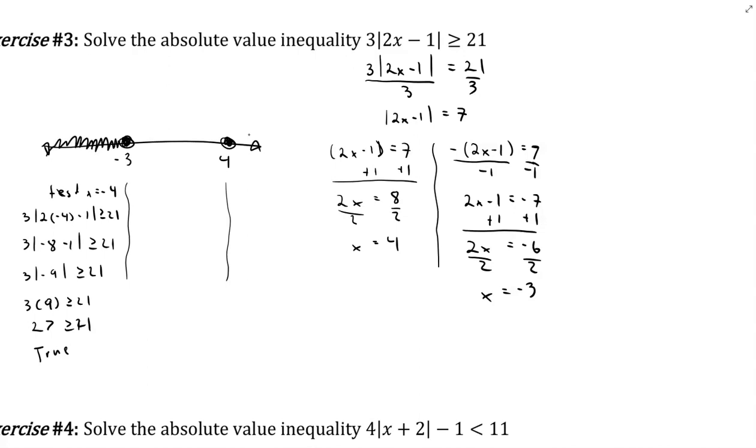Now we need to test the middle section. So I'll test x equals 0, because 0 is between -3 and 4. So we have 3 times the absolute value of 2 times 0 minus 1 is greater than or equal to 21. 2 times 0 is 0.